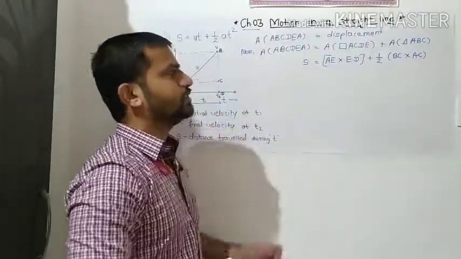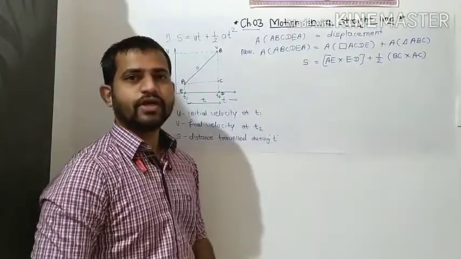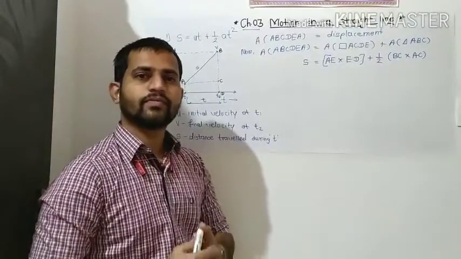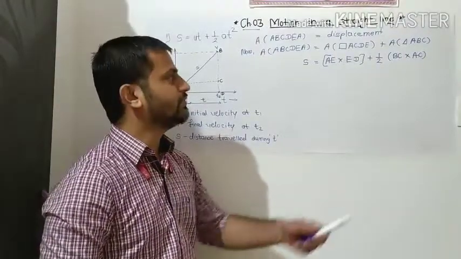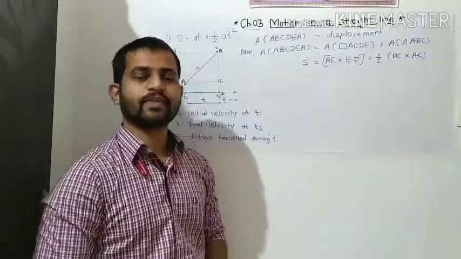So to put this equation in some physical quantities, we need one multiplication here. So let us multiply and divide this term with the AC.